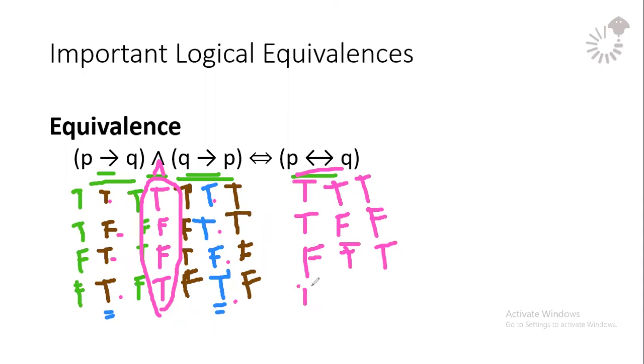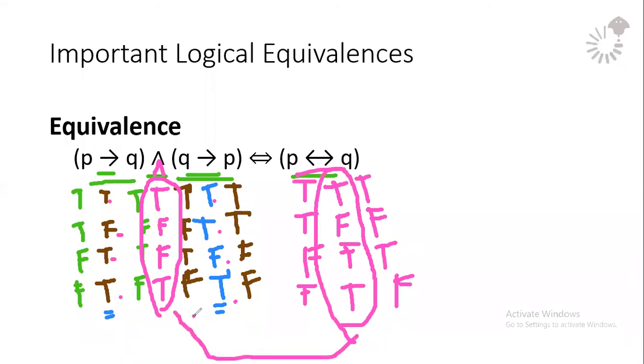And true by conditional false, false is true. True, false, false, true is equivalent with true, false, false, true. Match, equivalent, correct? Yes, ma'am. Okay. So that is equivalence. Follow, guys? Question?